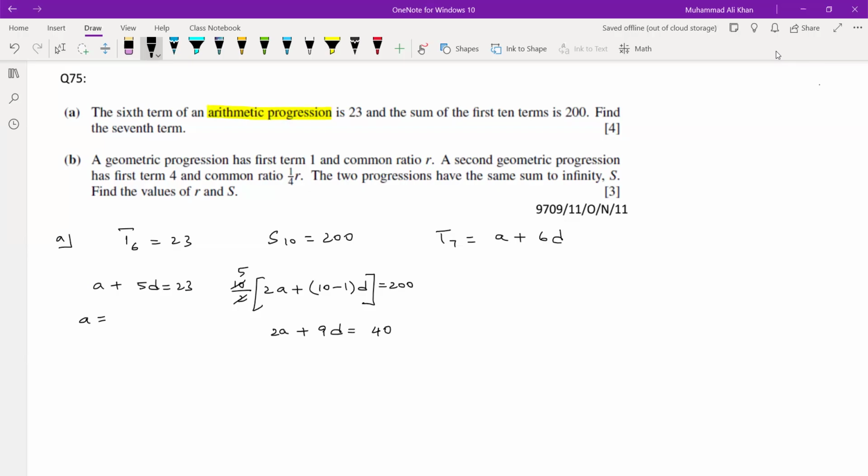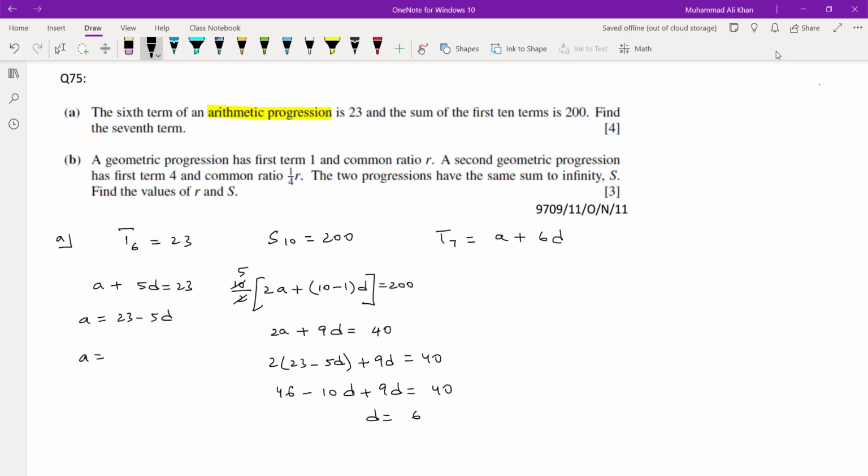From this, the value of a is 23 minus 5d. अगर इसमें रखते हैं 23 minus 5d plus 9d equals 40. 23 multiplied by 2 is 46 minus 10d plus 9d equals 40. The value of d is 6.